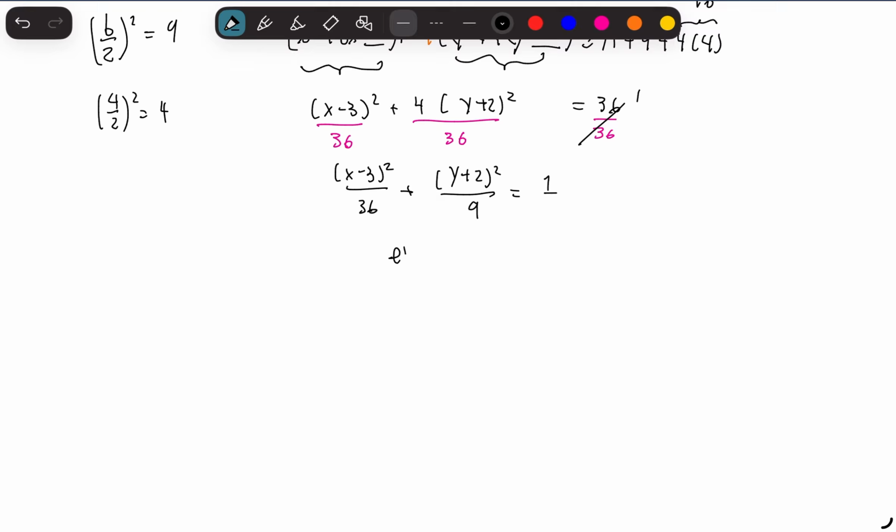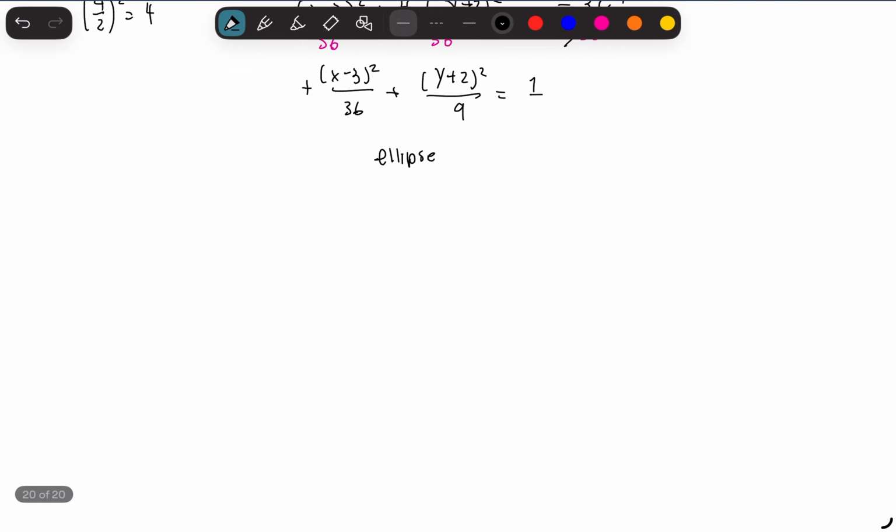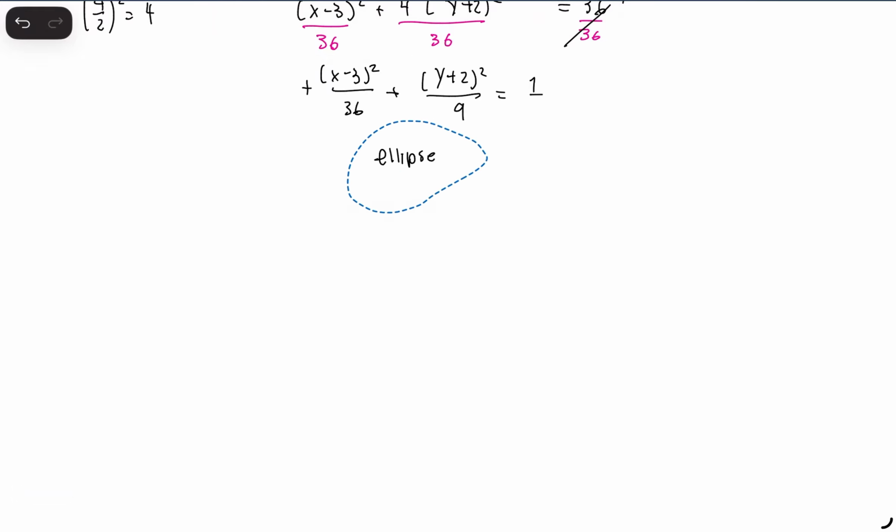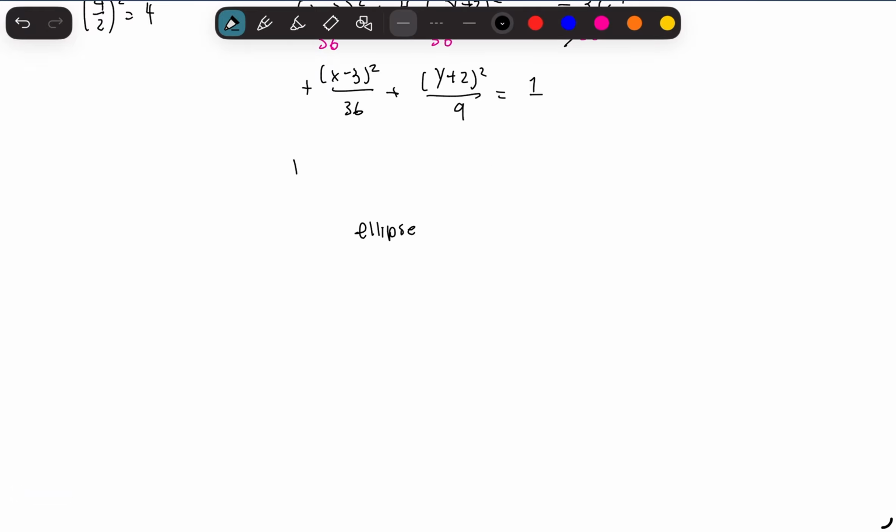So this is going to be an ellipse because each term is positive, and both of our squared terms are added, there's not one that's subtracted, and they also have different denominators. If they had the same denominators, it would be a circle.